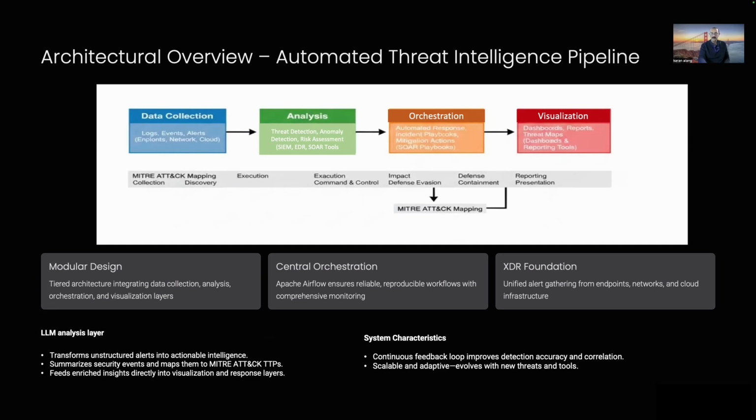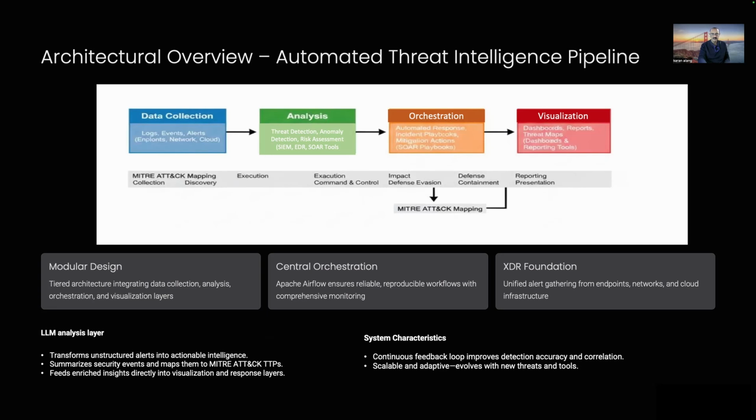And as you can see from the diagram, there's a feedback loop from the visualization layer as well as the orchestration layer to the analysis part. That essentially means that as threats change, as the different cybersecurity attack vectors change, your architecture is actually self-healing and able to handle all these changing cyber attack threats.